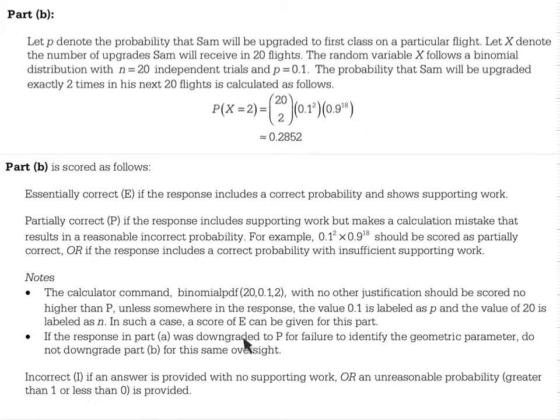If the response in part A was downgraded to partially correct for a failure to identify the geometric parameter, do not downgrade in part B for the same oversight. So there's that.